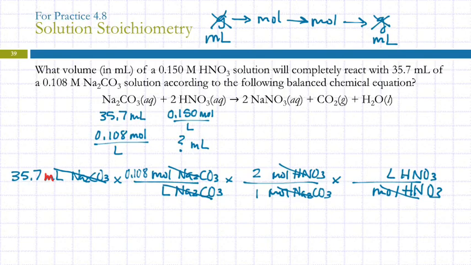And that's right. And then over here, I need the molarity of the nitric acid, which was also given, 0.15 moles per liter. Here, moles is in the denominator, so the number has to go down there too. So in 1 liter of that solution, there's 0.150 moles.